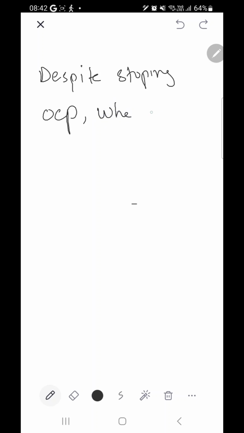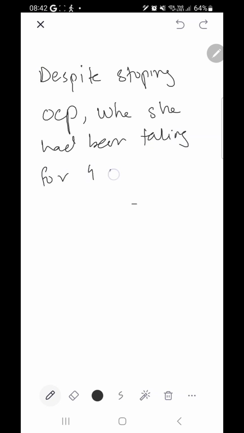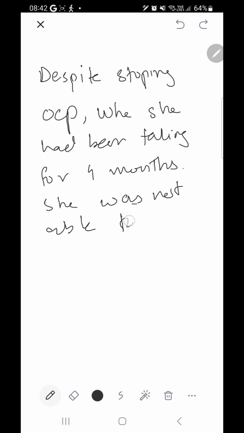We can also see that despite stopping OCP, which she had been taking for 4 months, 6 months, whatever, she was not able to conceive. So had been and was in combination can be written so that we can differentiate the sequence of events.